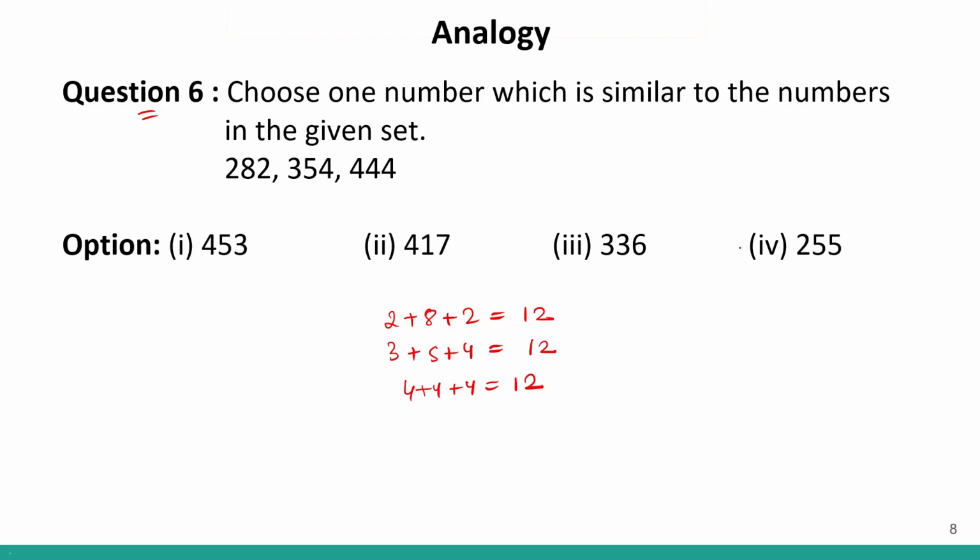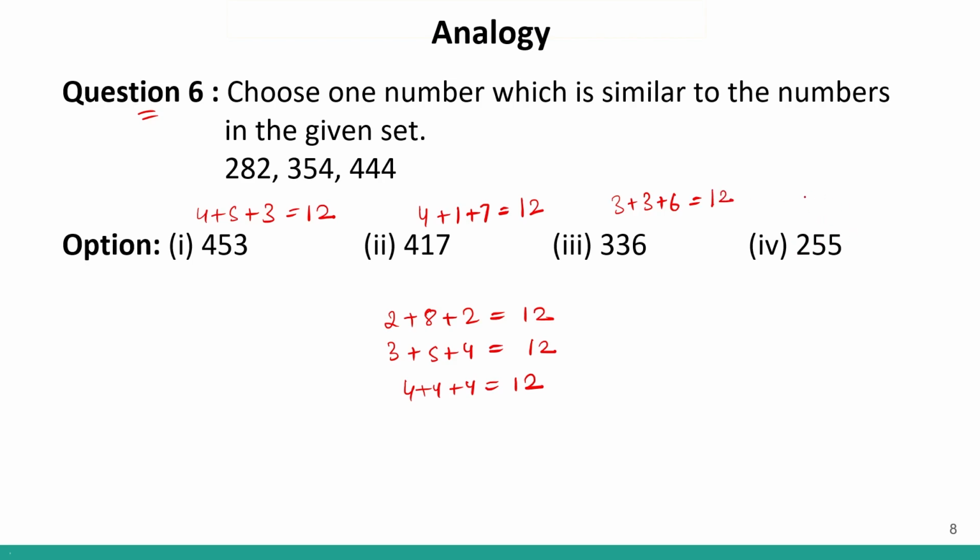So now we have to look at an option which has the same sum. 4 plus 5 plus 3 is 9 plus 3, that is 12. This bears the same relationship. 4 plus 1 plus 7 is 8 plus 4, 12, correct? 3 plus 3 plus 6: 6 plus 3 is 9, 9 plus 3, 12.